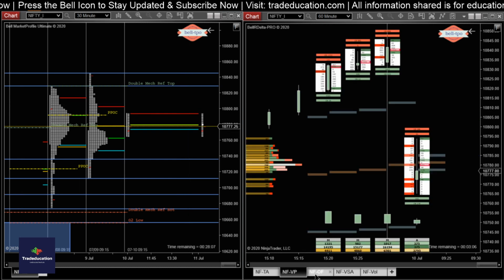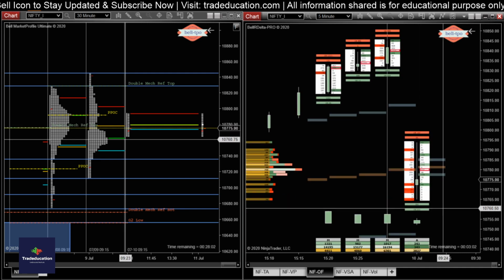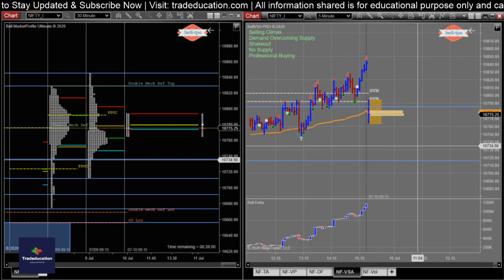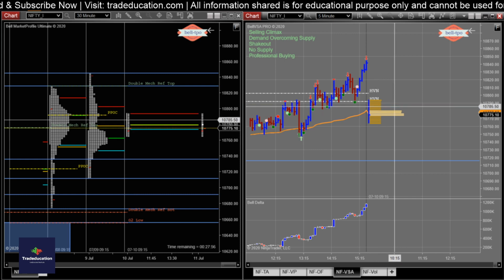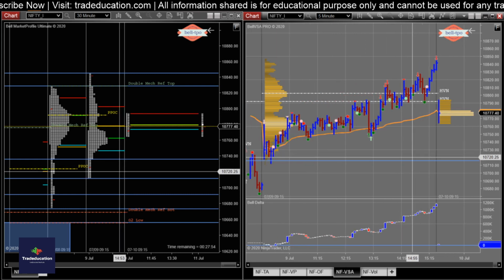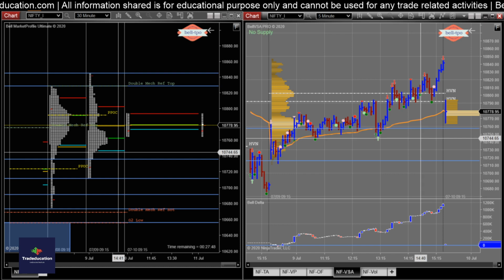So let's see. Let me jump to the order flow chart. Let me look at the VSA chart. So it got rejected at the HBN. Okay, so that is a good rejection, and there is a support zone here and a support zone here.